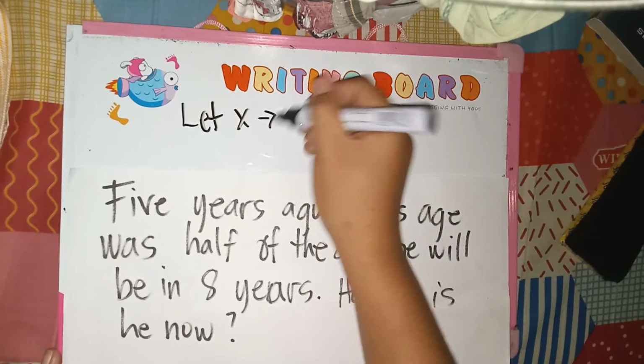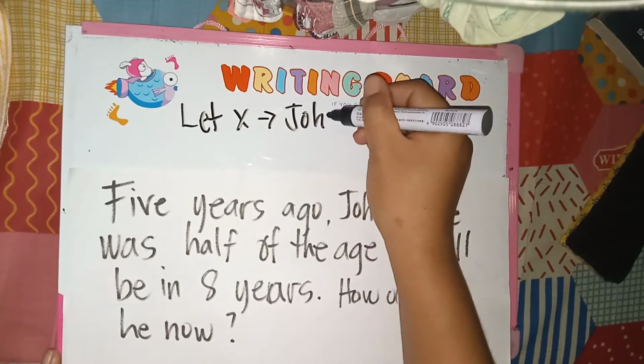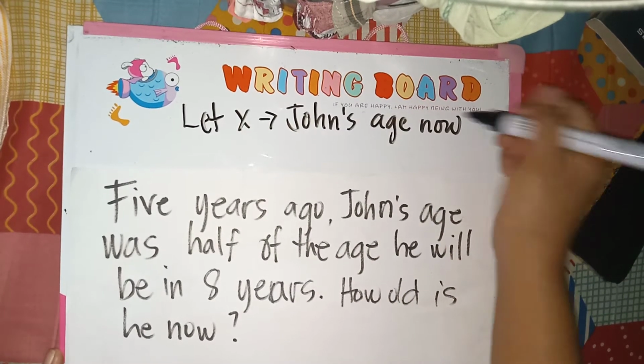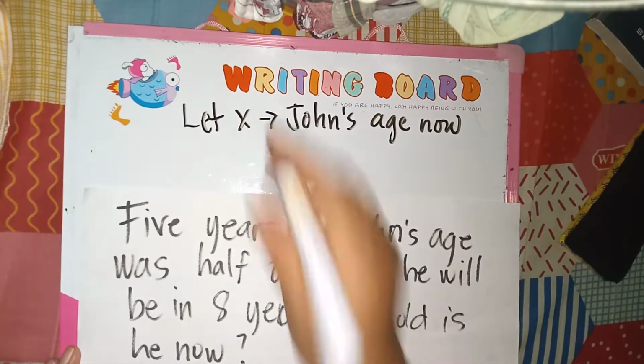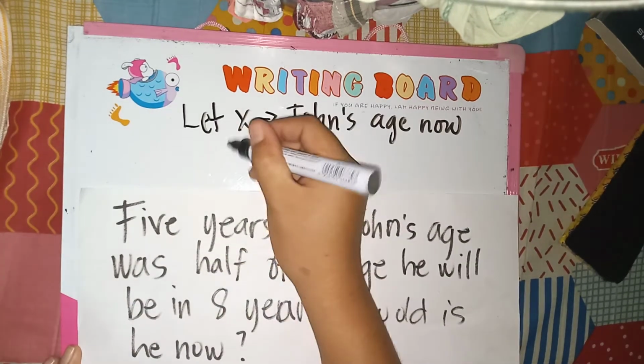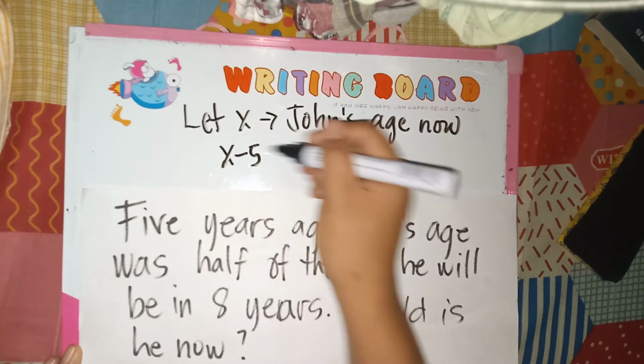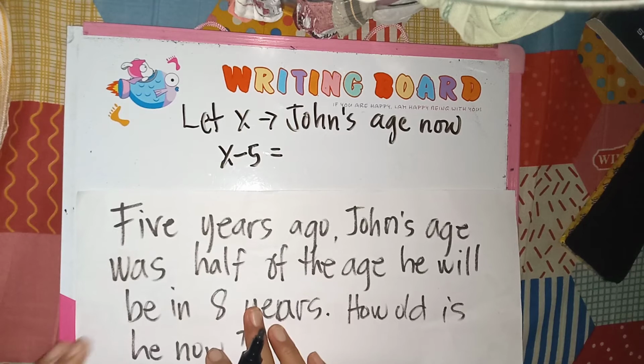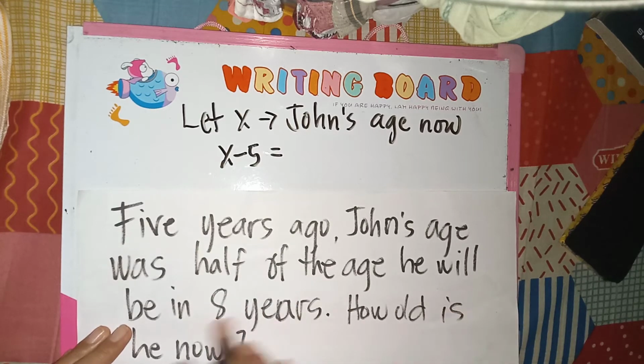Okay, so we are going to let x be John's age now. Then we have here 5 years ago, so we will have x minus 5. Sabi niya, John's age was half of the age he will be in 8 years.